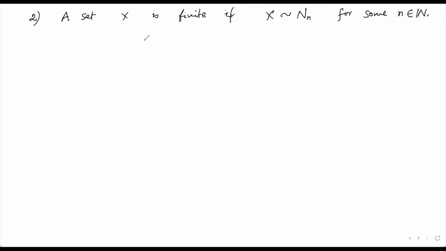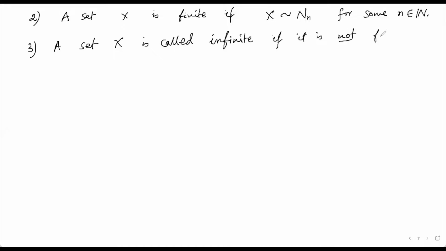So this is finite and its number of elements is equal to n. Third item, a set X is called infinite, very simple, if it is not finite. It is infinite if it is not finite.